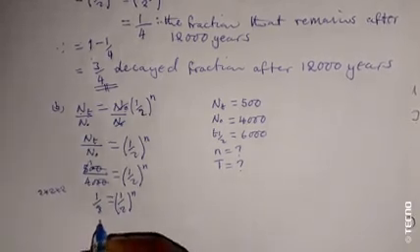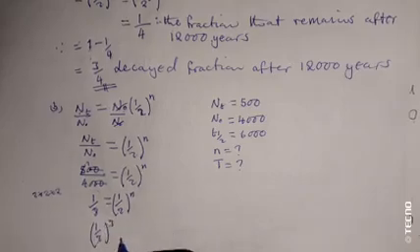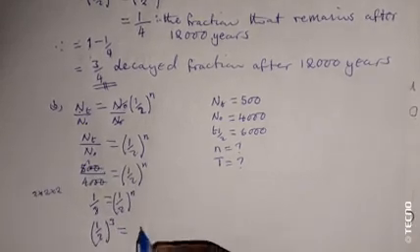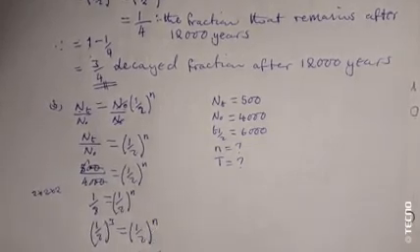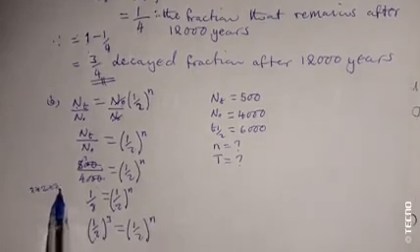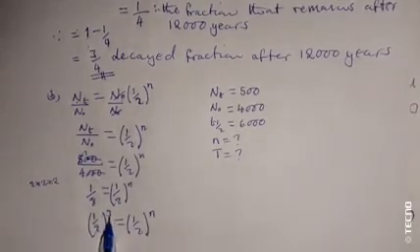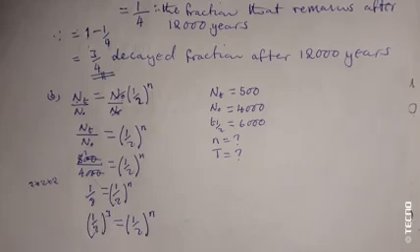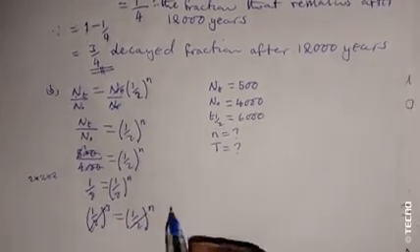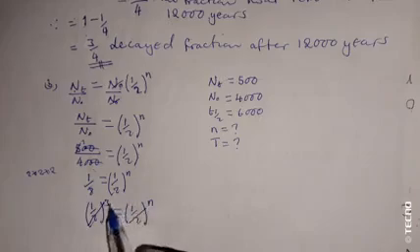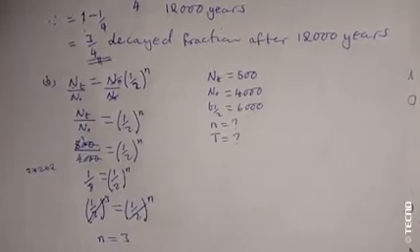So here we'll say it's 1 over 2 to the power 3 is equal to, open bracket, half, to the power n. This is the reason why we've written this to the power 3. So this can reduce and this will reduce. What will remain is just n is equal to 3. So here our n is equal to 3 half-lives.